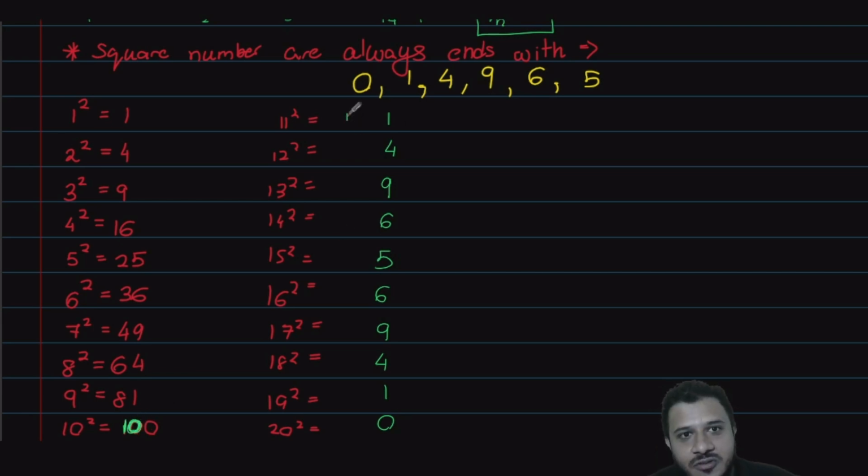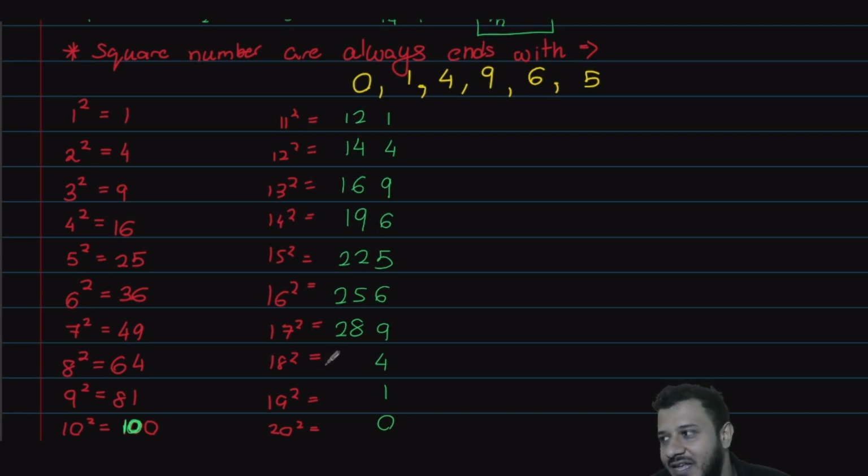10 plus 2, 12. 12 plus 2, 14. 14 plus 2, 16. After 16, you add 3. 16 plus 3, 19. 19 plus 3, 22. 22 plus 3, 25. 25 plus 3, 28.